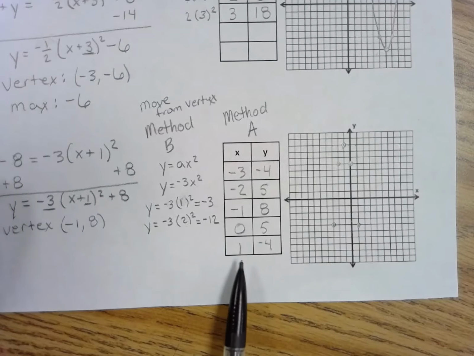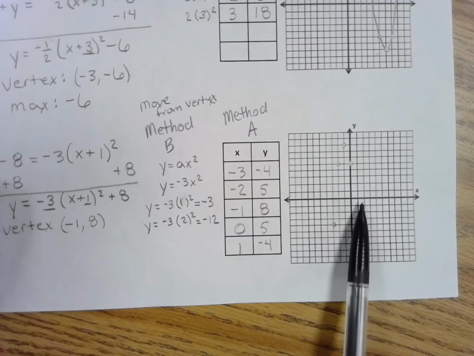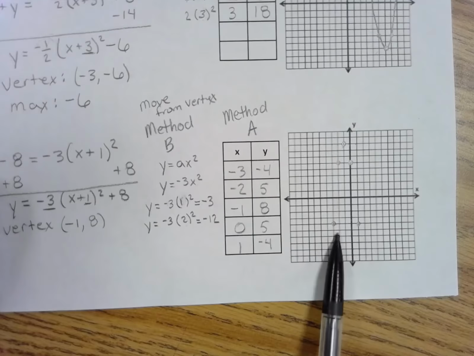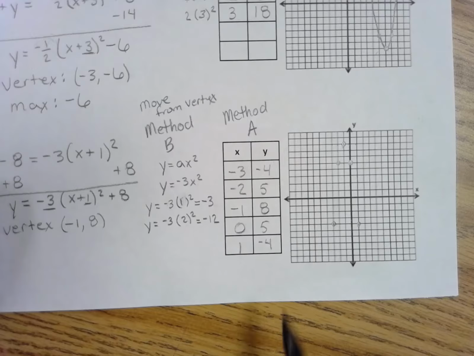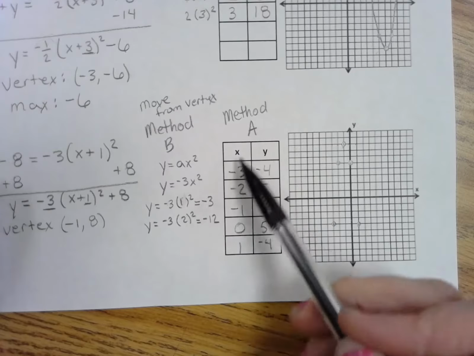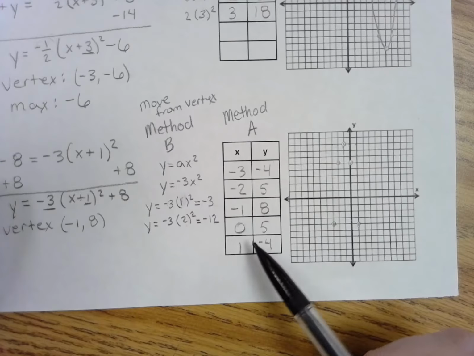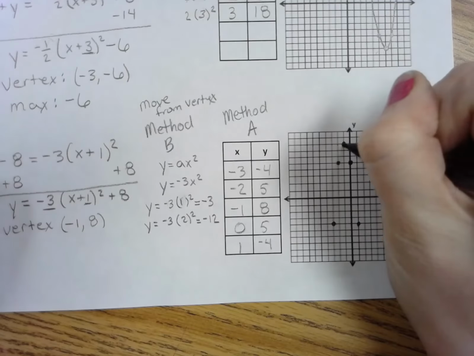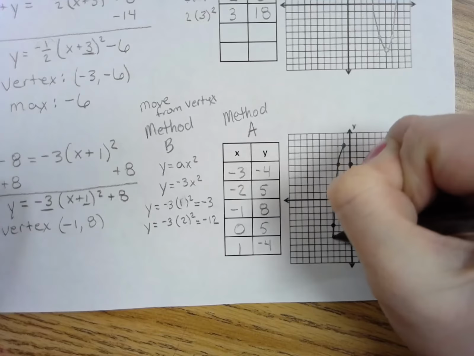And so once again, we can see that did fall at 1, -4, and -3, -4. So pick the best method that you prefer. If you want to use the graphing calculator and generate a table and just plot those 5 points, or if you want to use the method of counting how many x values and y values away from the vertex. So connect those points with a smooth curved line.